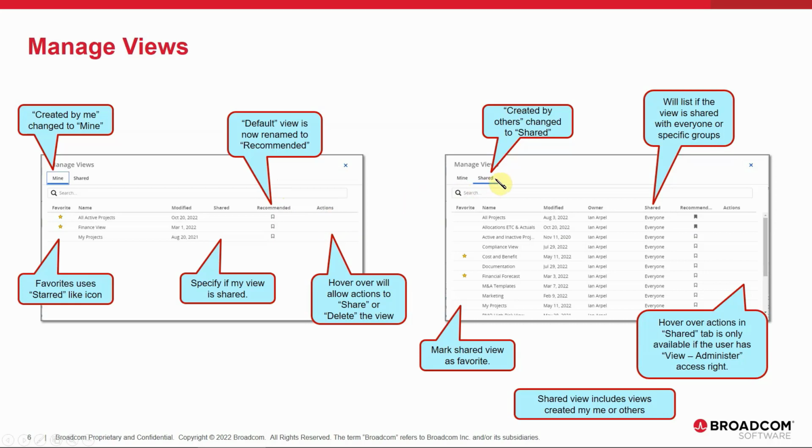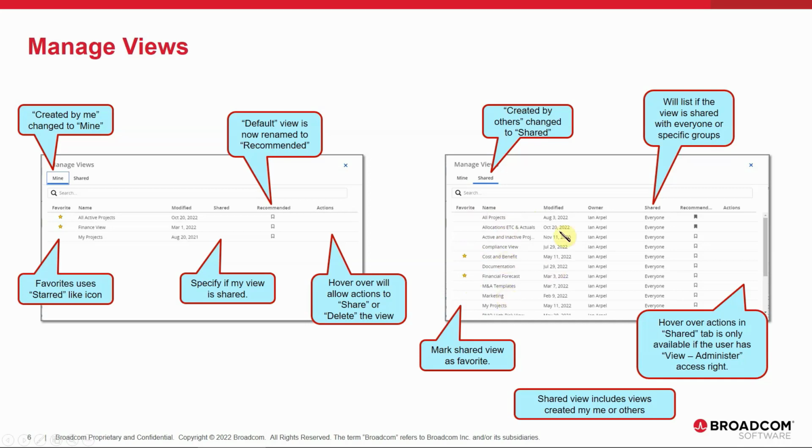The second tab is the shared view tab. This is where all the views that were shared and that this specific logged-in user has access to use will be listed. Again, the layout is where the first column is the favorite column, and the user can favorite any views, just like the star capability in other parts of the application.